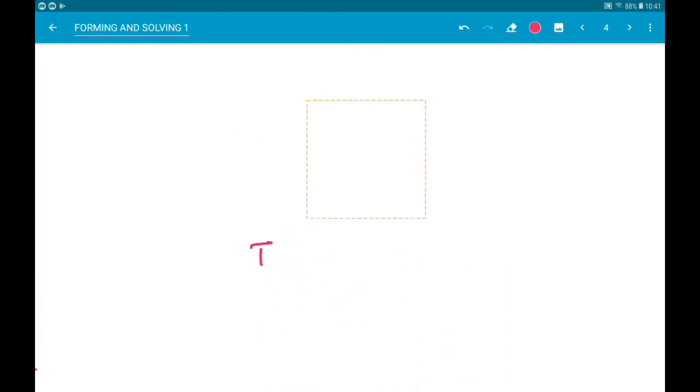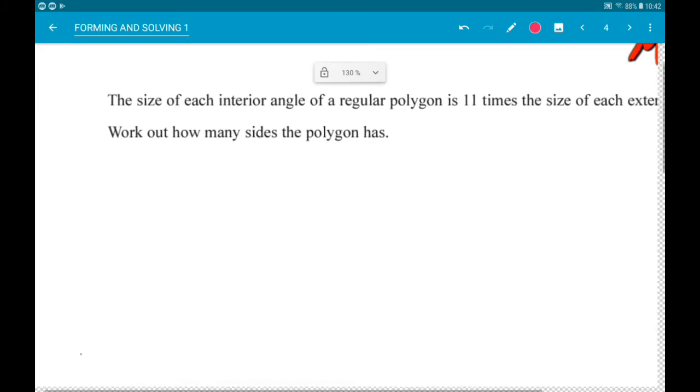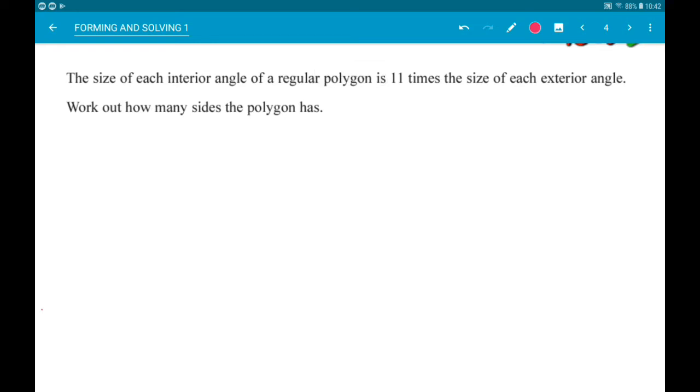Okay, so we know then that with this polygon, the interior angle is 11 times the exterior angle.